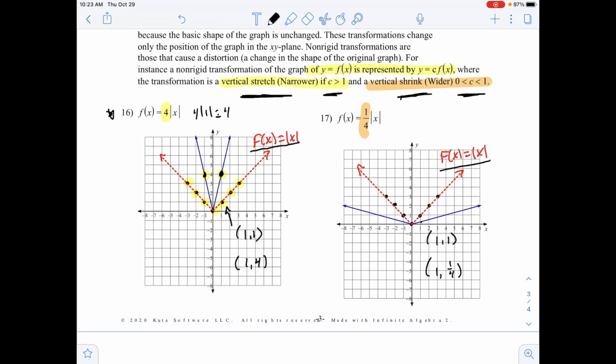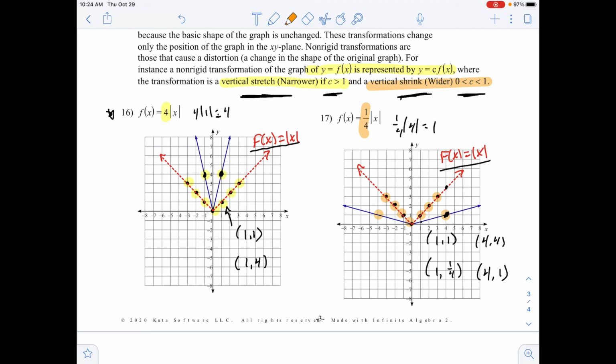If we pick a point that will work out evenly, like (4, 4), which is on the actual parent function, and then plug in 4 for x up here, 1/4 times the absolute value of 4 is just 1, which is this point here. So you can see how they transform to get the new function.